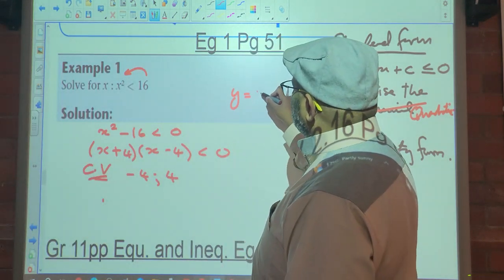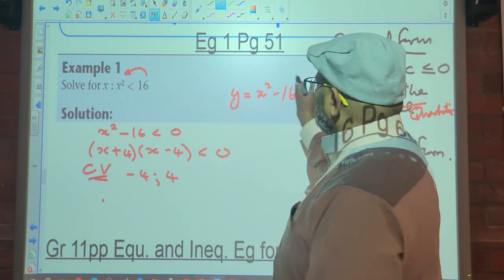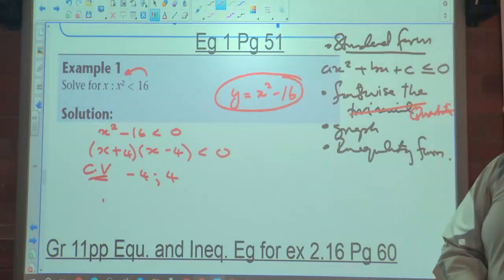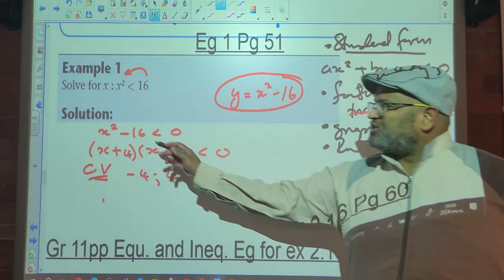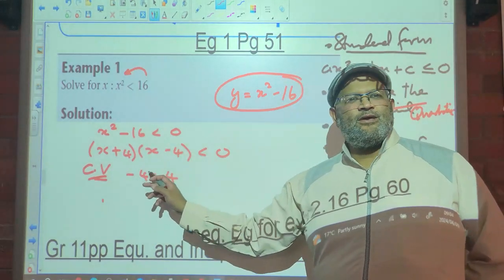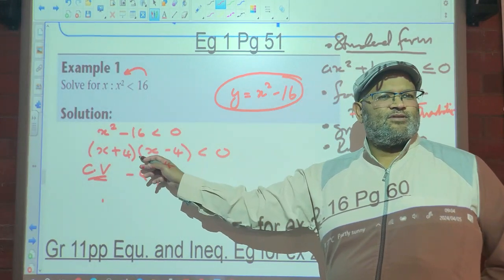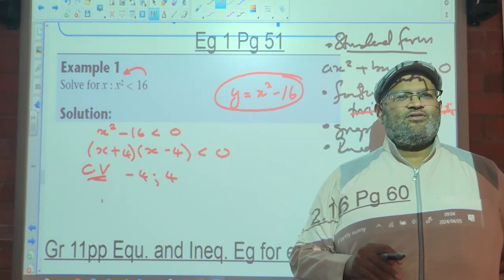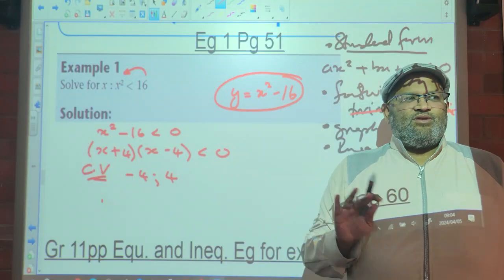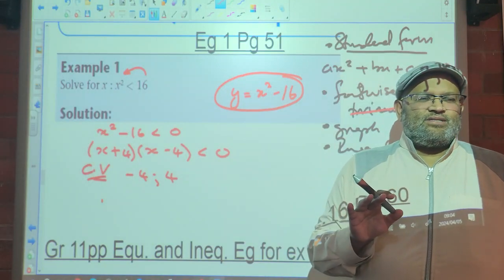If I wrote y is equal to x squared minus 16, what would that remind you of? Parabola. Yes. And when do we solve for x? When we're calculating what of this graph? Not everybody at once. Just one person.